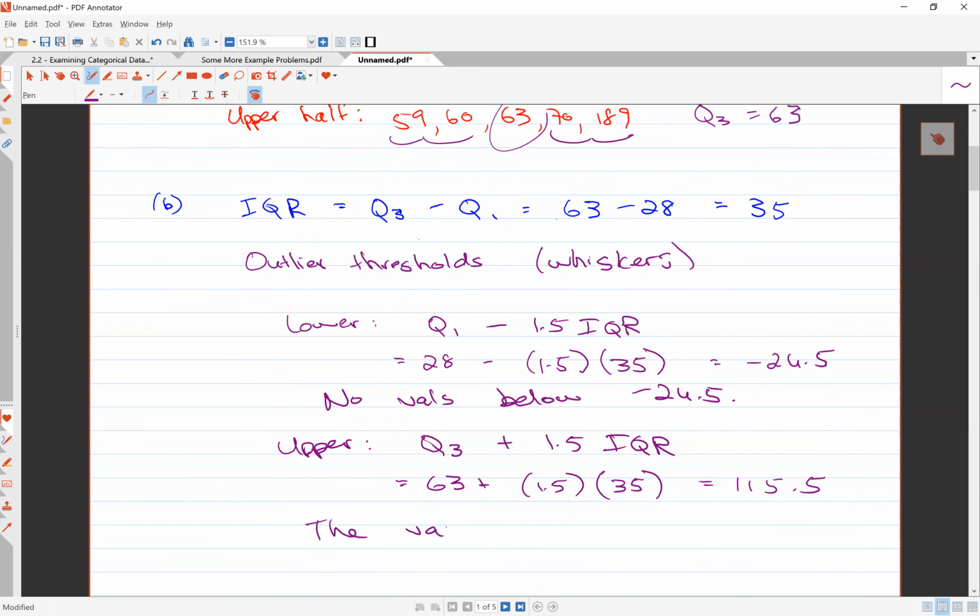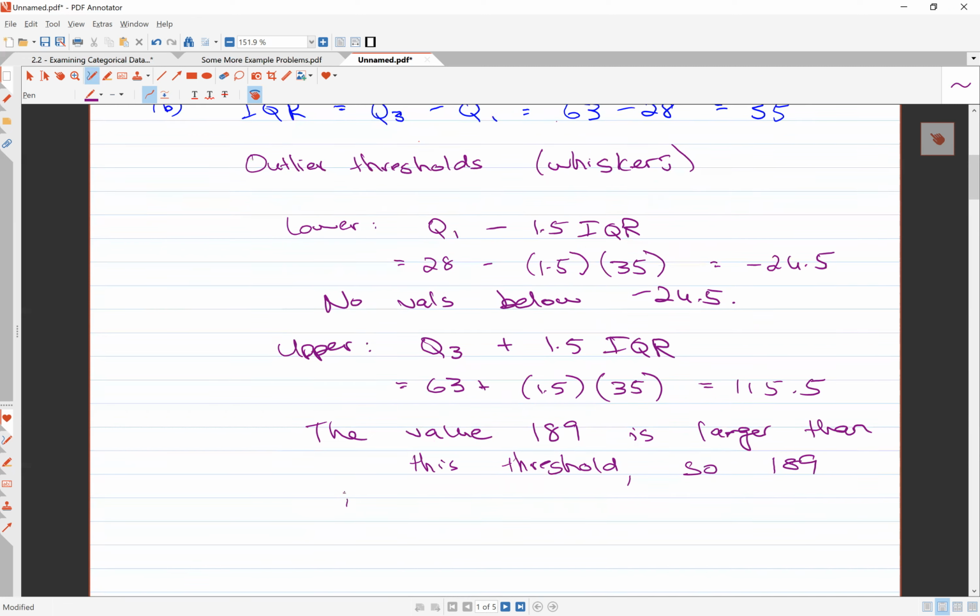So the value in our sample, 189, is larger than this threshold. So 189 is a suspected outlier.